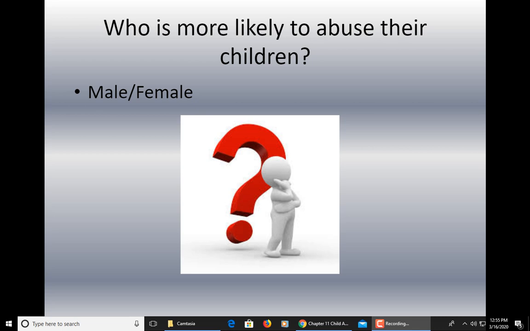Now, one major exception to this, when you talk about the four categories I just discussed, is the issue of sexual abuse. Sexual abuse is predominantly a type of maltreatment committed by men. But everything else, when you combine everything together, women are more likely to abuse children compared to that of men.